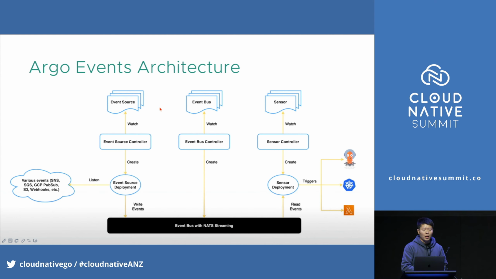After the resource is created, the event source controller is responsible for creating an event source deployment behind the scenes. The event source deployment is responsible for listening to messages or events either from the Kubernetes cluster or from external services, for example cloud services like PubSub, or AWS SNS and SQS.